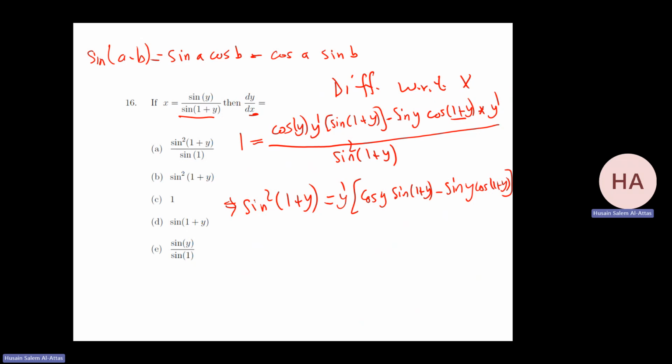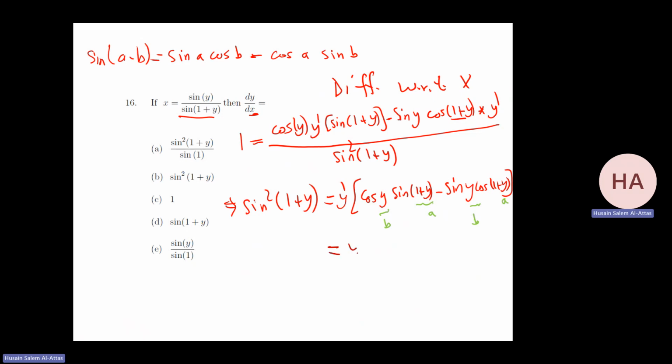If you look at that, I can consider this as A and this as B. So I have sine A cosine B minus sine B cosine A, and this is A. So this one is the difference of two angles. I need the formula for the difference of two angles.